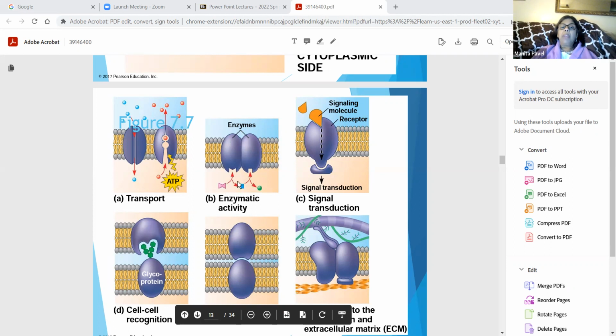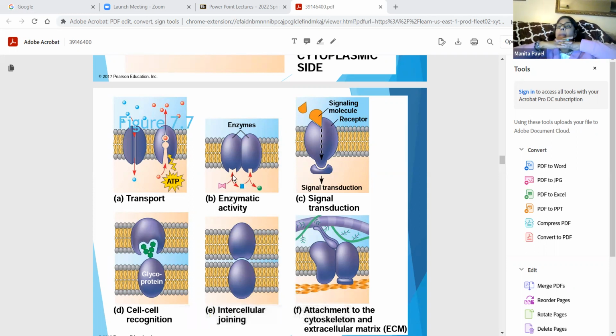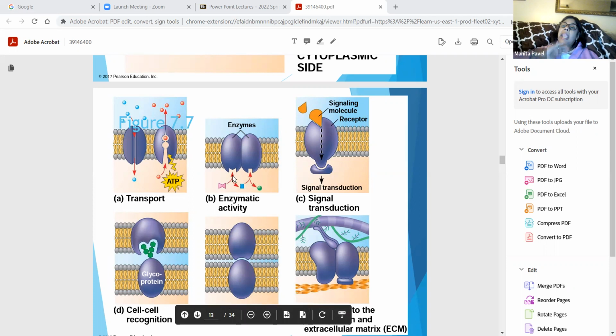And vice versa, these can't fit into each other because remember, shape determines function. And so this substrate can go and fit here. And when the enzyme and the substrate fit together, it forms what we call an enzyme-substrate complex. So that is how enzymes perform their function in the plasma membrane.